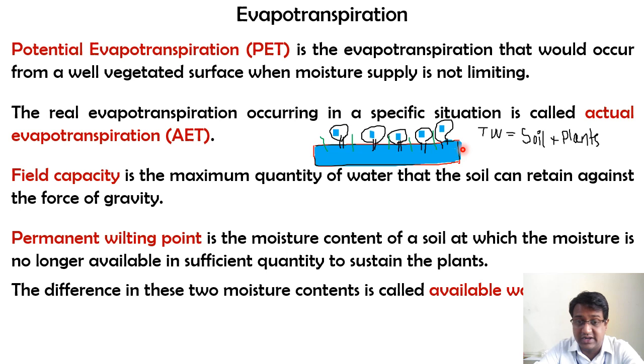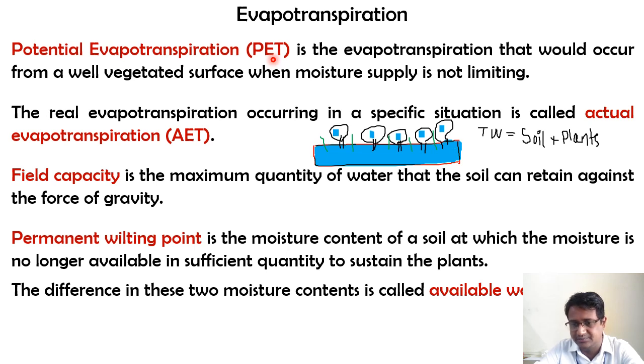In simplest terms, to define potential evapotranspiration, the soil should be completely saturated, and on top of that you have planted some trees, grass, or whatever. Whatever evapotranspiration occurs from this entire section, you are going to call potential evapotranspiration.